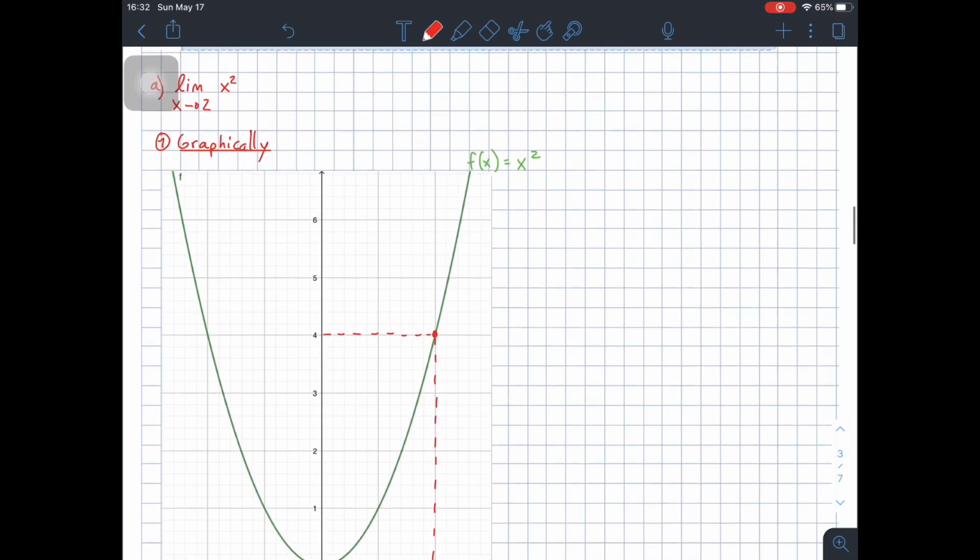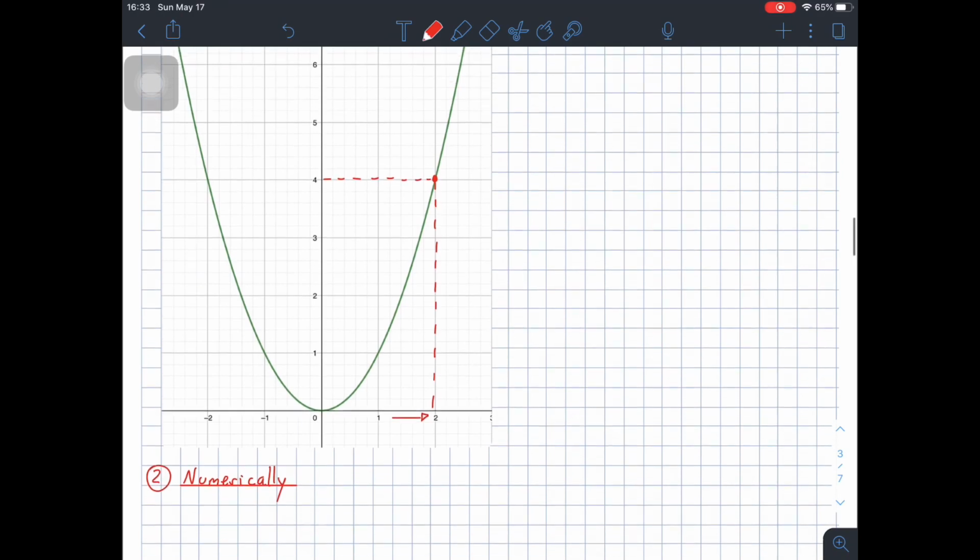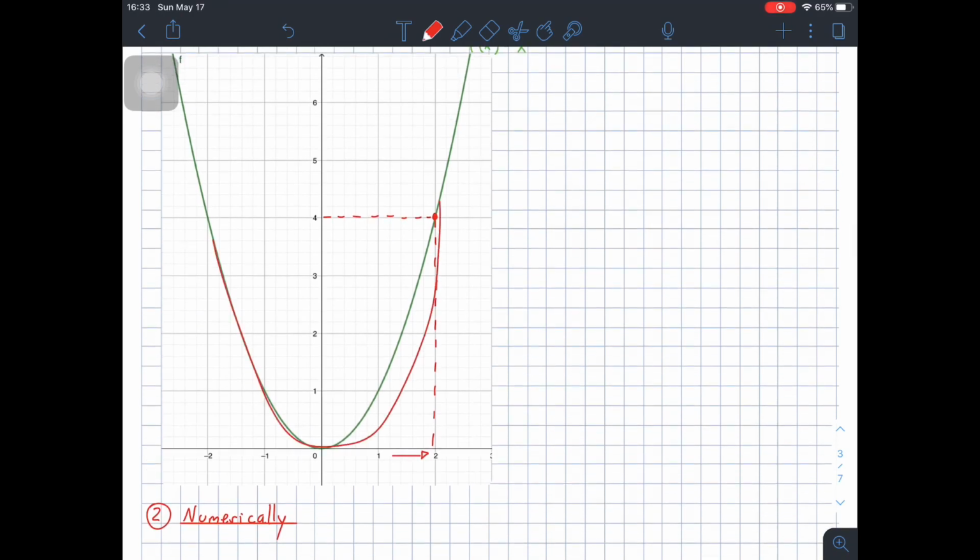And since we want to find the limit when x approaches 2, we're going to, first of all, approach from the left to 2. So we're going to approach from left to right to the value 2. And you will see that if we follow this parabola over here, when we're approaching 2 from the left side, we are approaching it like this, right?